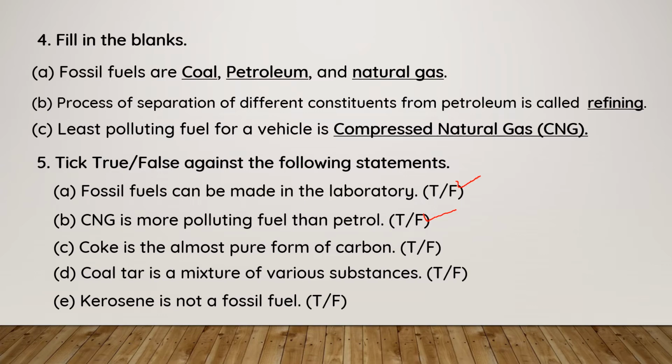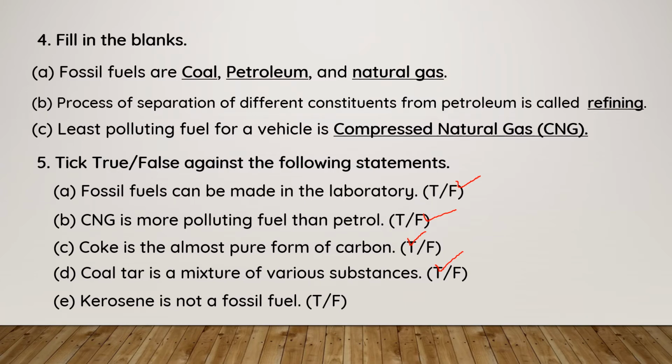Third, coke is the almost pure form of carbon. Yes, that statement is correct. Coke is the pure form of carbon. Next, coal tar is a mixture of various substances. That statement is also true. Coal tar is a mixture of more than 200 substances.